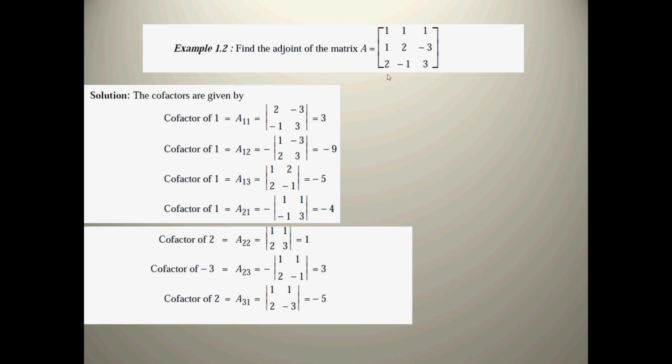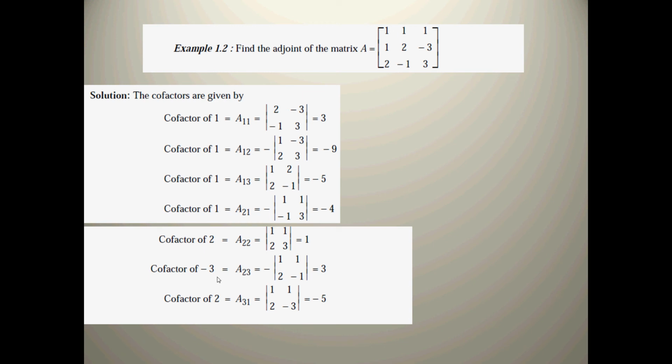Now the cofactor of this 2, A22, the determinant is 1, 1, 2 and 3, and 3 minus 2 is 1. Similarly, the cofactor of minus 3, represented as A23, is minus of this determinant, second row, third column. So this and this: 1, 1, 2, minus 1.